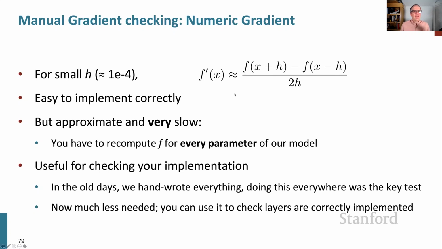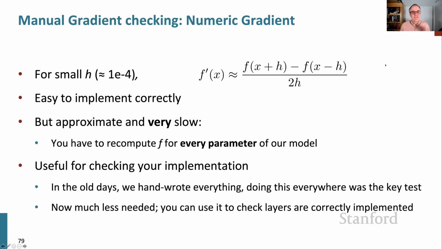So you can work out what the derivative of f with respect to x should be by choosing some small number like 10 to the minus 4, adding it to x, subtracting it from x, and then the difference between these numbers is 2h, dividing it through by 2h, and you're simply working out the rise over the run, which is the slope at that point with respect to x, and that's an approximation of the gradient of f with respect to x at that value of x.